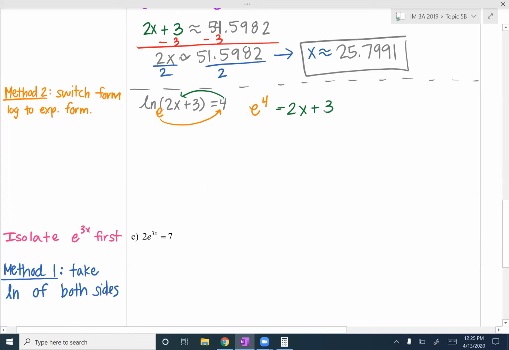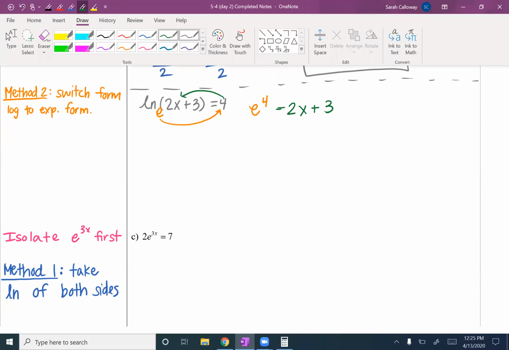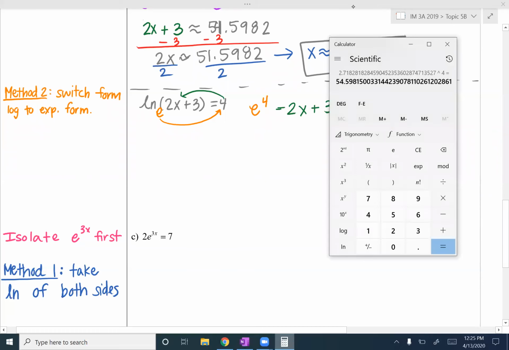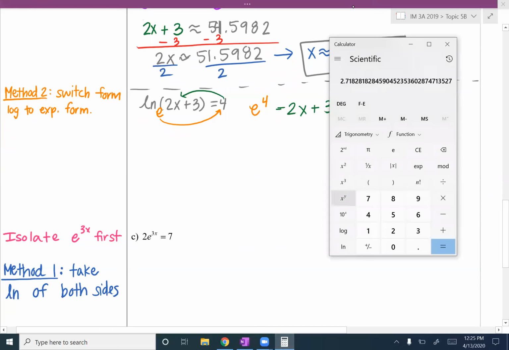Okay, so I'm switching it to exponential form. e to the 4th power is equal to 2x plus 3. Remember that we calculated e to the 4th power, so I did e, raised it to an exponent to the 4th power. On your calculator, you might need that caret button, is how you do an exponent normally. So 54.5982.